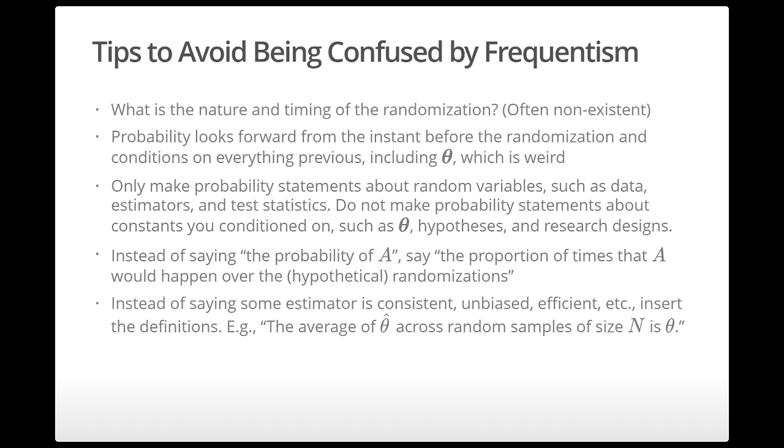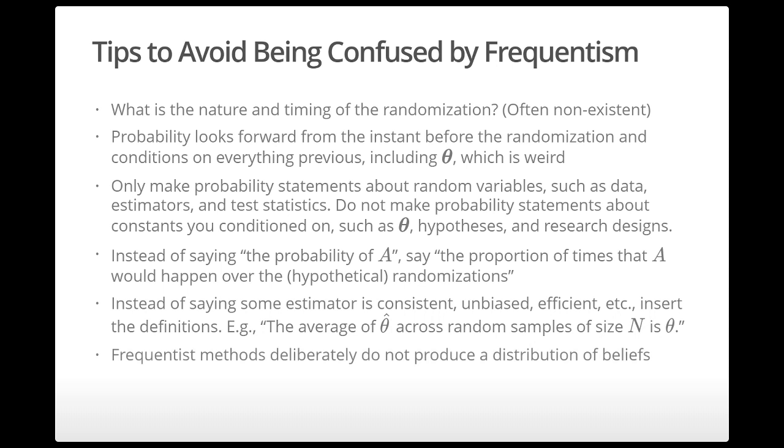So think about a huge but finite population, and I take a small but finite sample from that population. Each of the ways that I could have done that has a different corresponding estimate of this parameter, and the collection of those is a probability distribution of the estimator, and I can make probability statements about that.